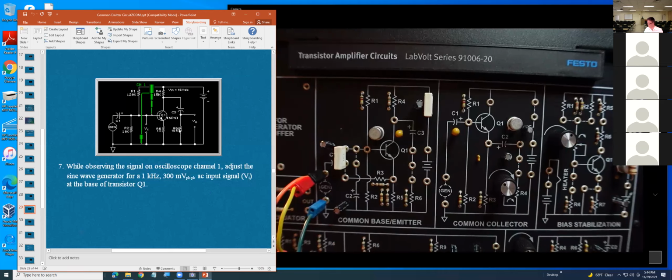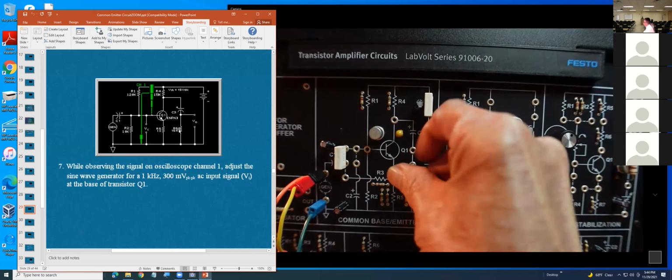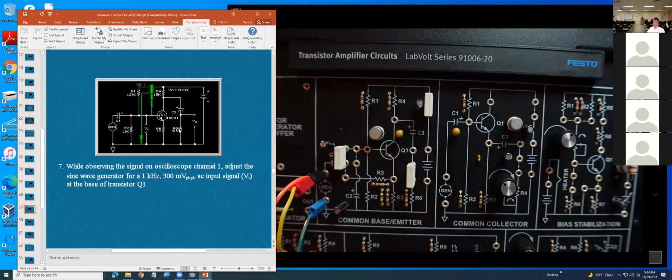So you have to connect that. Now I can connect this one. Okay, so that's the complete setup of the circuitry for the AC. Any question?